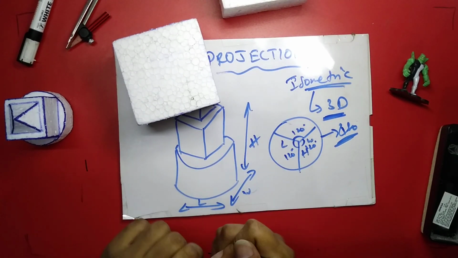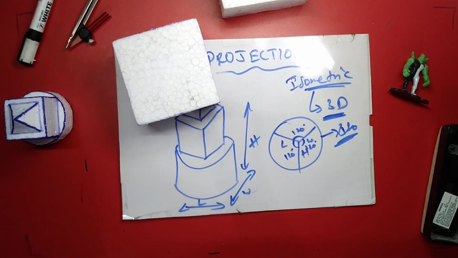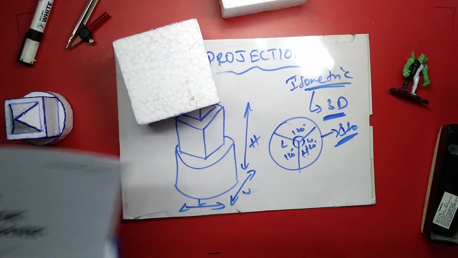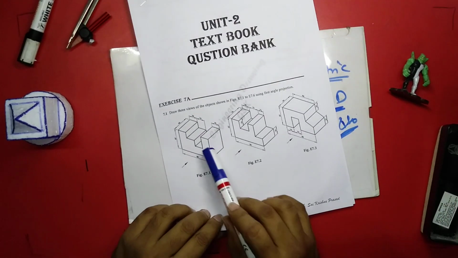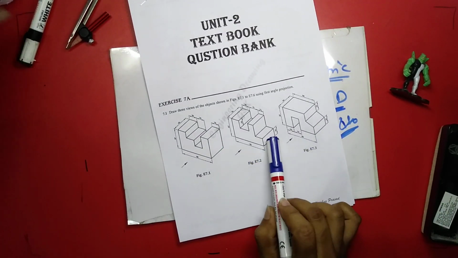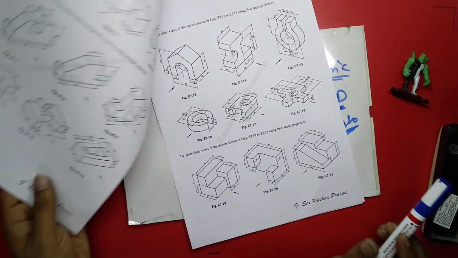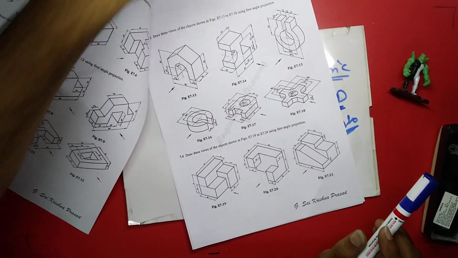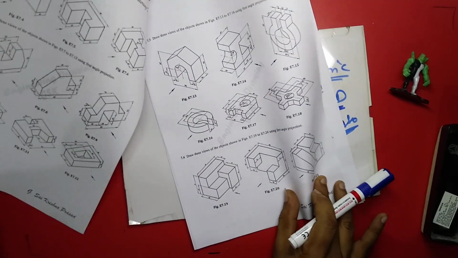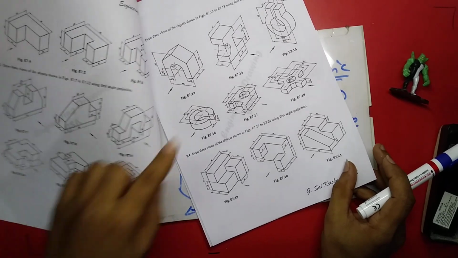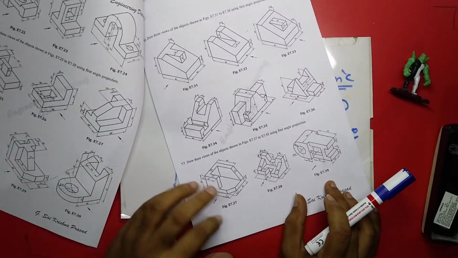Let us show you some questions. So these are some of the isometric objects that we have to find, for making those with thermocol blocks. So these are some of the questions and some of the objects.